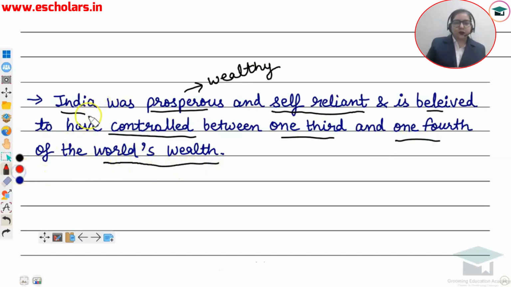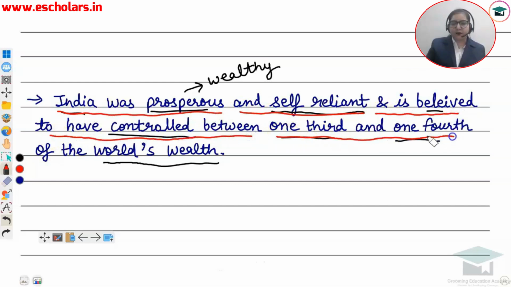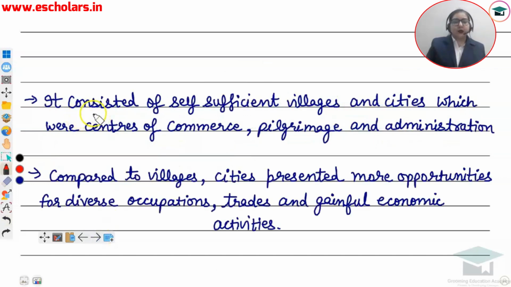Okay, so let's recall it till now. India was prosperous and self-reliant and is believed to have controlled between 1/3 and 1/4 of the world's wealth. Next, what did India include? India consists of self-sufficient villages, that is the independent villages, and cities which were centers of commerce, that is the cities which had markets, businesses and trade going on.